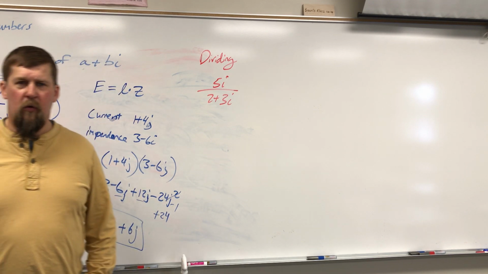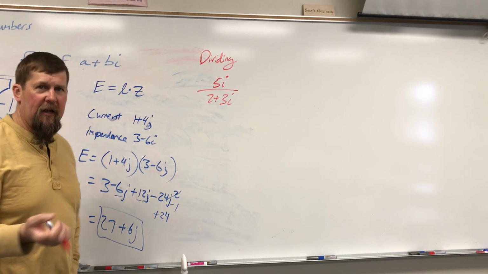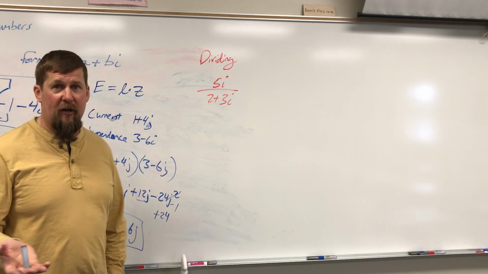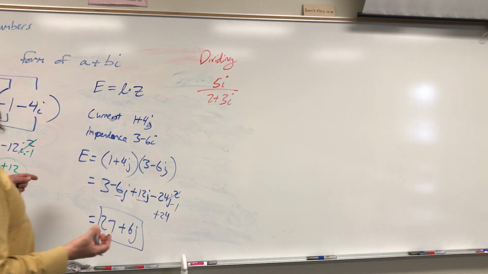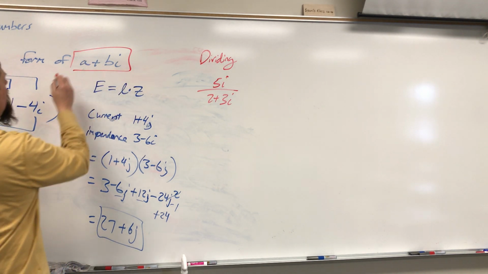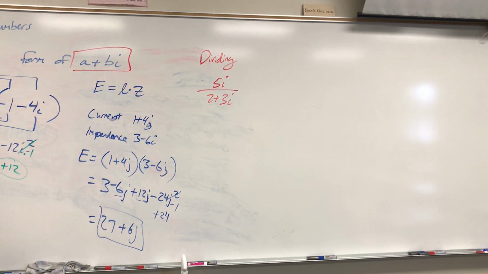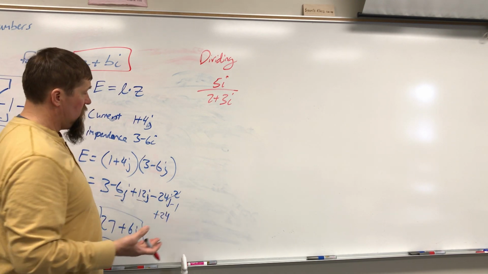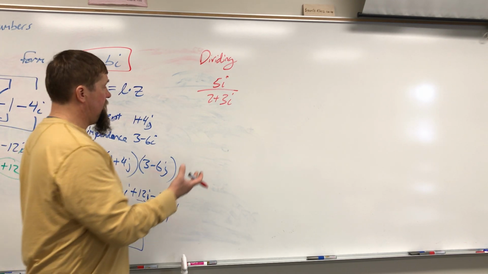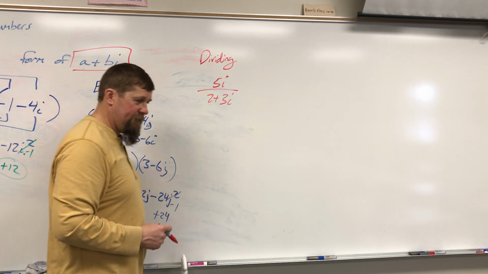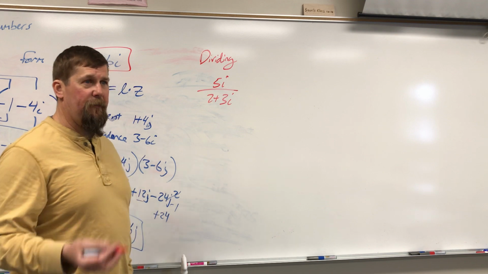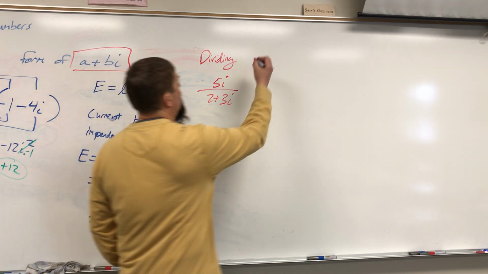Now, according to simplification rules, you're not supposed to have an i in the denominator of a fraction. Because when you think about standard form or complex form, you don't have i in the denominator. Okay? So what we're going to have to do is get rid of the i from the denominator. To do that, we need to have the complex conjugate of that number.